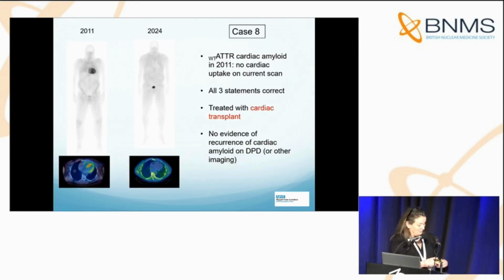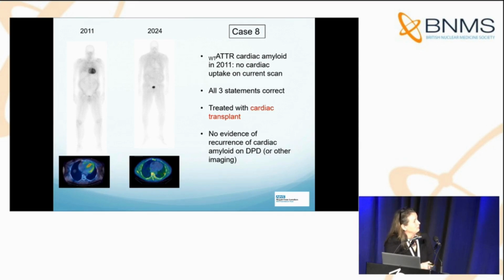Okay, so in case 8, this is a patient who had wild-type cardiac amyloid. He was in his 50s back then and actually had a cardiac transplant. So that accounts for it; we haven't just given him some magic drug. The patient has had a transplant, okay? And what we can see from the DPD scan, no uptake in the heart.